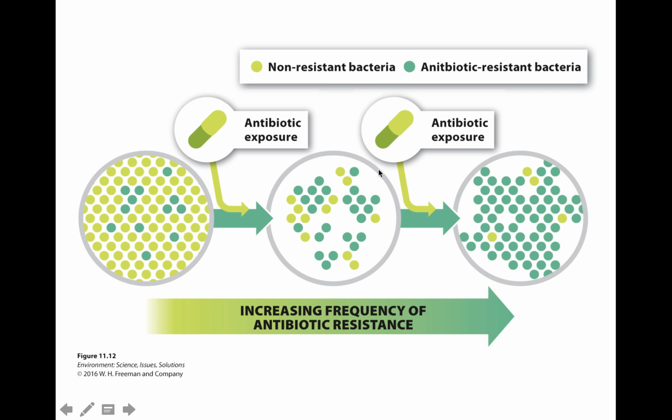So if you're a human and you've taken antibiotic A one time and you've taken it appropriately, there's a chance that some of the bacteria that you had that were making you sick could be resistant to that antibiotic. And if they're able to stick around for a while and at some later point in time you're going to need to take that antibiotic again, you're just increasing the resistance to that antibiotic every single time you expose the bacteria population to that antibiotic.